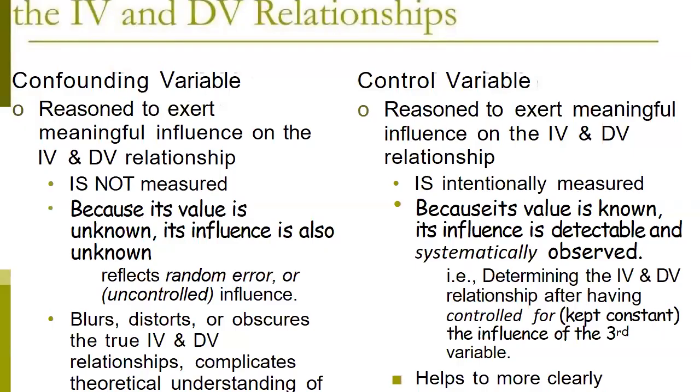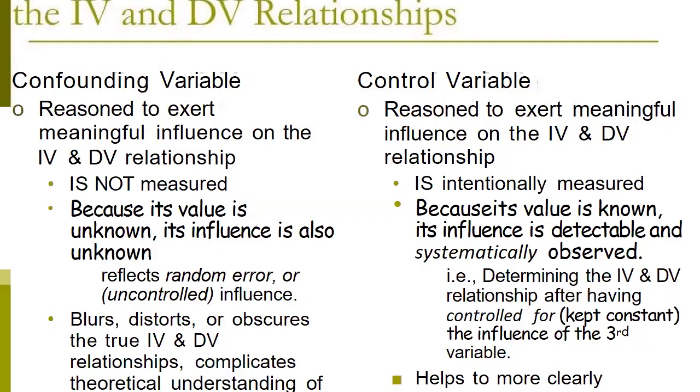Now come to systematic and random influences upon the DV. Confounding variables: there are so many sources, reasons that exert meaningful influence on the IV and DV relationship, and they are not measured, because when you are conducting the study you are not measuring the confounding variable.